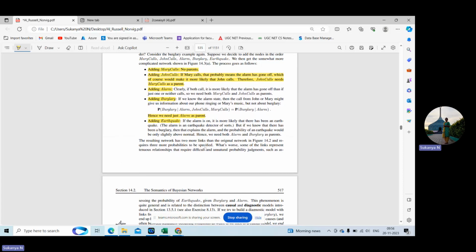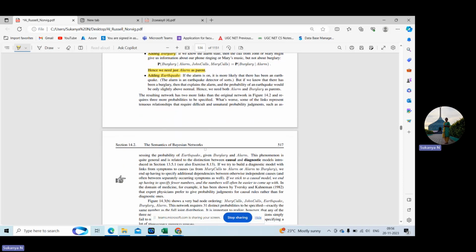But when we have added burglary at the end, how can we write this conditional independence relationship? The probability of burglary or earthquake is dependent on what? The alarm. So here also the alarm is the parent node.